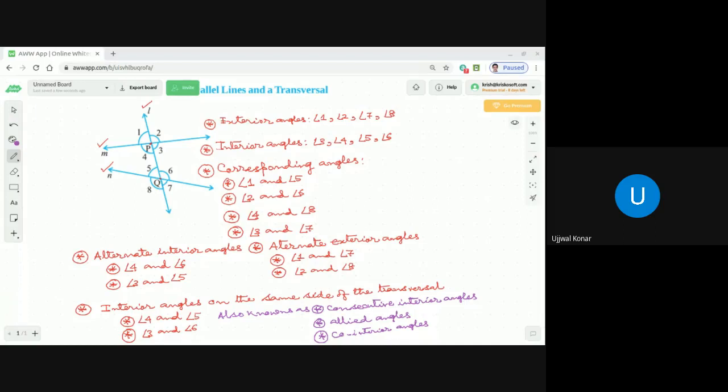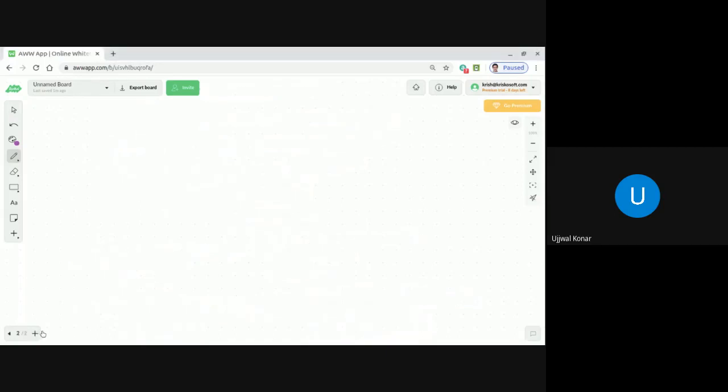What are the pairs I just defined when line M is parallel to line N? You can construct this. Let me show you the corresponding diagram, and then let's discuss. Let me go to the next page.